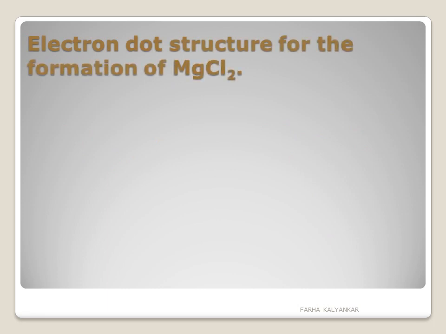Similarly, we can show the formation of MgCl2 with the help of electron dot structure. Magnesium with its 2 valence electrons is represented as this. Plus, there are 2 atoms of chlorine involved in this particular reaction.